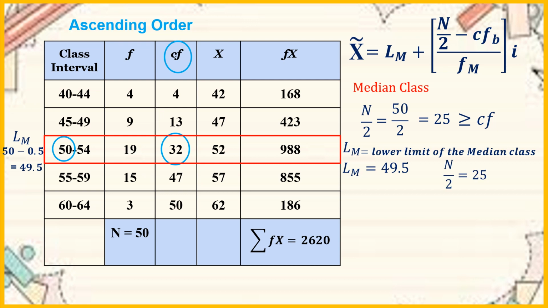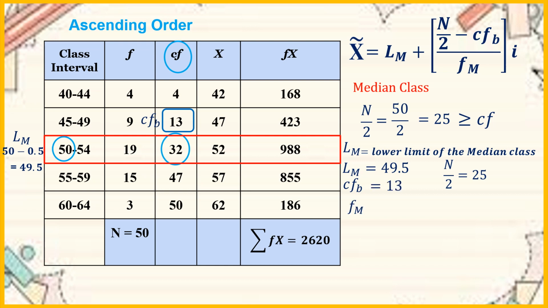Then n over 2 is equal to 25. Then what is CFB? CFB stands for cumulative frequency below the median class. So we have 13, thinking that this data is arranged in ascending order. Then we have the CFB, which is equal to 13.